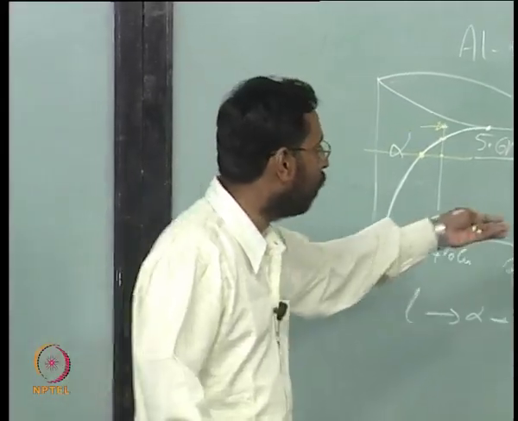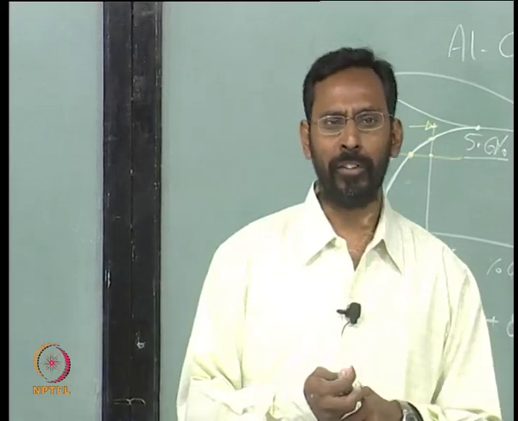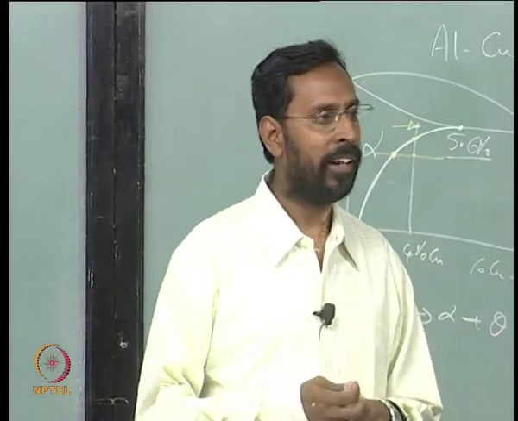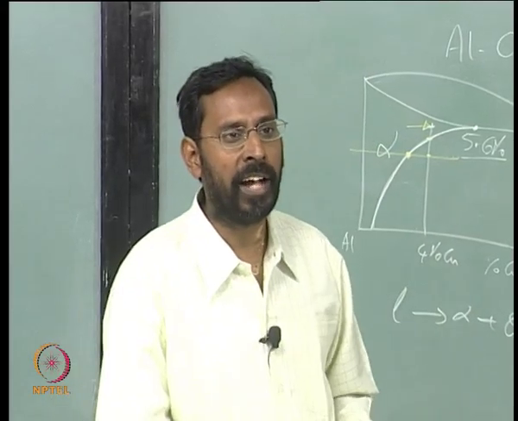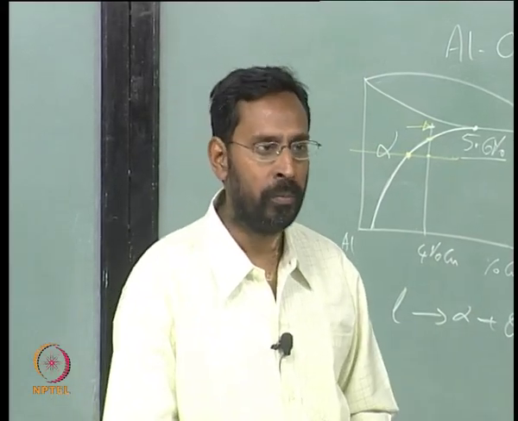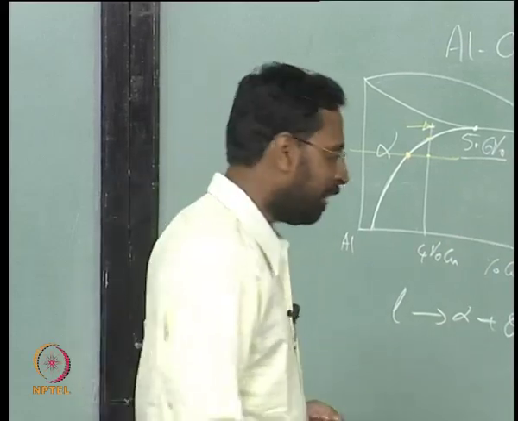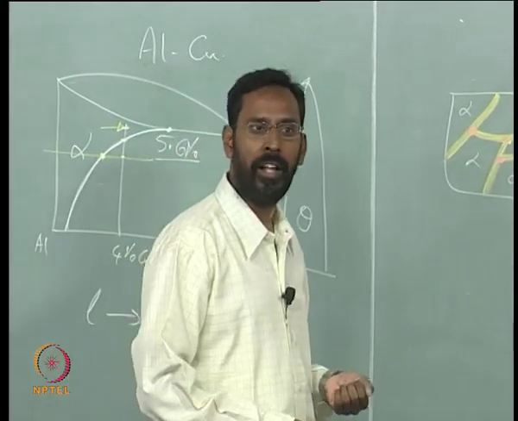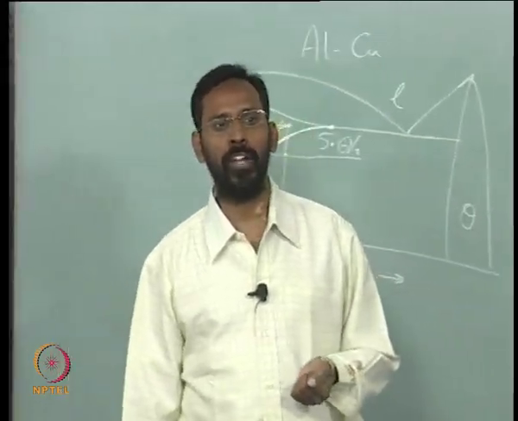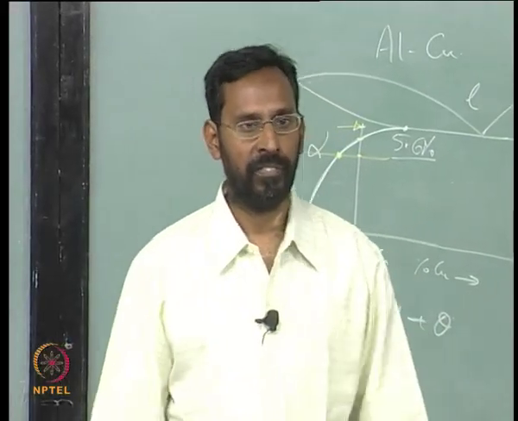alpha giving you a theta phase, this precipitation should always have a certain driving force, and because any transformation has an activation barrier, similar to liquid to solid, it has an activation barrier too. In liquid to solid, the activation barrier we talked about was the interfacial energy, isn't it?